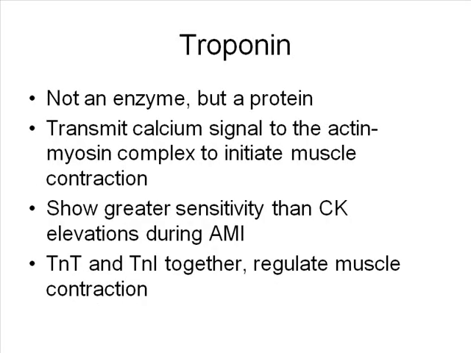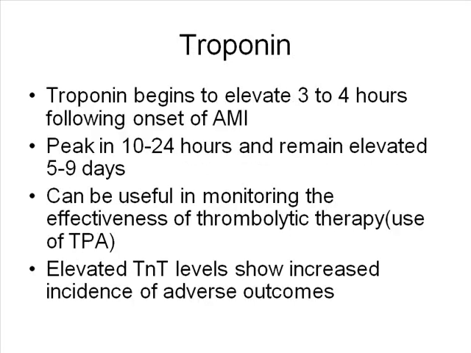Troponin, we talked about earlier. Troponin is the better cardiac marker. It goes up quick, 3 to 4 hours. It will stay elevated from 5 to 9 days. So you can actually see what point this person may have already come in quickly.